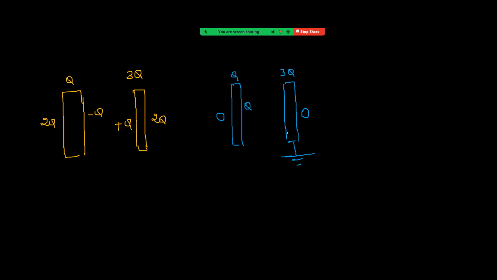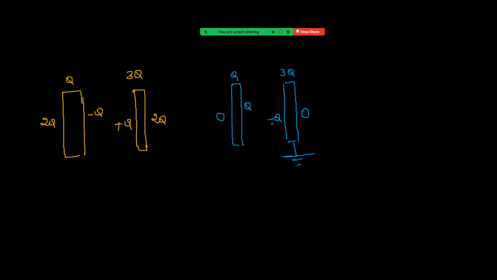So total charge is not constant. This is Q, which means this will become minus Q. Okay. This will become minus Q. That means what is our total charge on the right conductor? Initially it was 3Q. Now it is only minus Q.